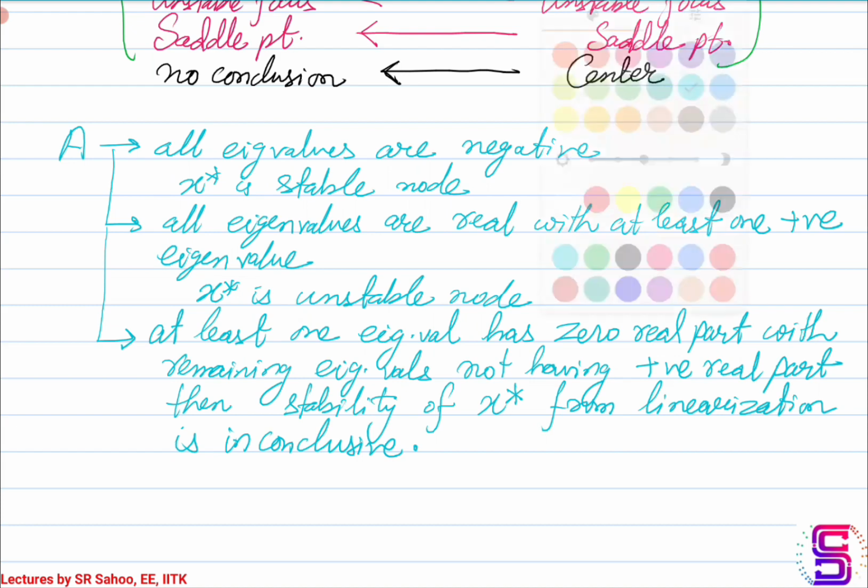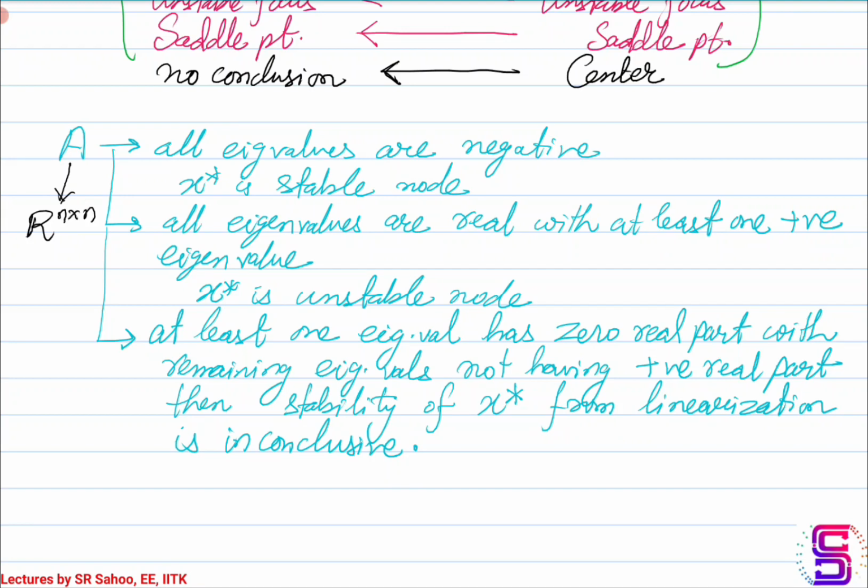Okay, this is when A is n cross n. We are talking of an n-dimensional system.